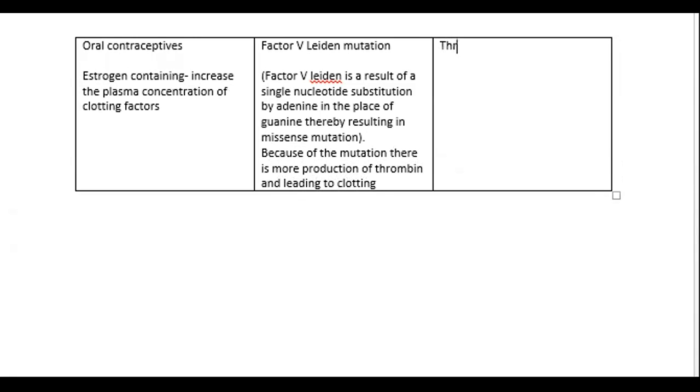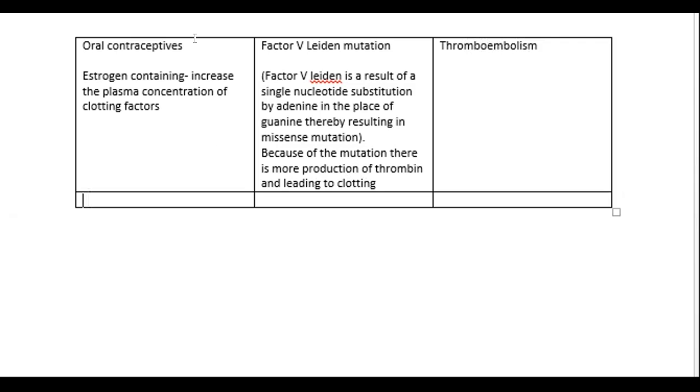It is leading to thromboembolism. So what are these oral contraceptives, and the factor 5 Leiden mutation and the thromboembolism.